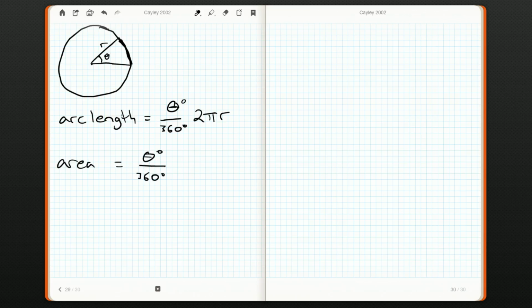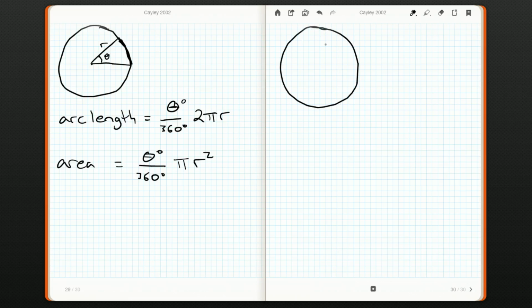It'll be a fraction out of the total, and since we're in degrees, the total is going to be 360 degrees. And we have pi r squared. That's the regular formula for the area of the circle. A sector is just taking a slice or a fraction out. So now using these 2 formulas, we should be able to get a handle on the situation in the question.